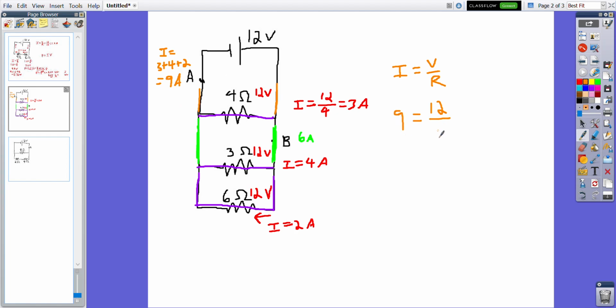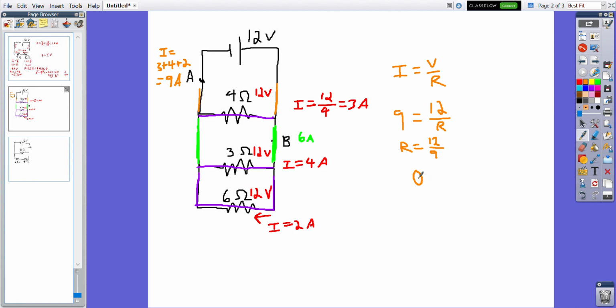And this is one way you can find R, right? So if you solve for R here, you're going to get 12 over 9, which as a fraction is 4/3. As a decimal, it's 1.33 repeating, all right?